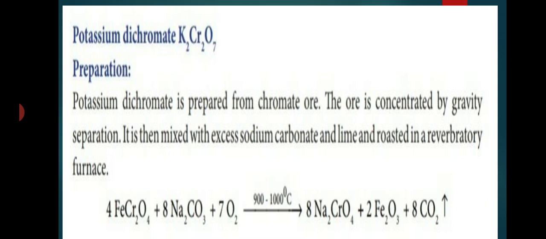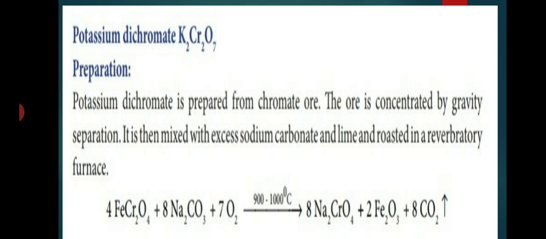The first step is that the ore is concentrated by gravity separation. What is meant by concentration? Removing impurities by using various methods, that is gravity separation, froth flotation, magnetic separation, and chemical method. Depending upon the nature of the ore, we use various methods. Generally for oxide ore, we use the gravity separation method.